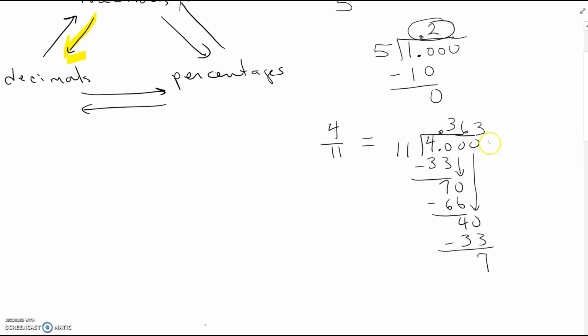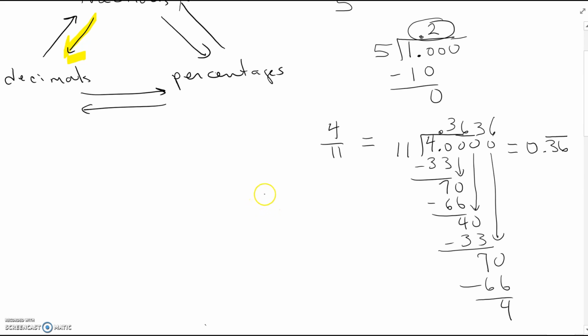You'll notice as I start working through this long division that I get to a point where I'm repeating what I've previously done. And this would just keep on repeating and repeating over and over. Sometimes you'll see that written in decimal form with the numbers that are repeating, in this case 0.36, with a line over the 36 to show that those decimals repeat over and over and over.